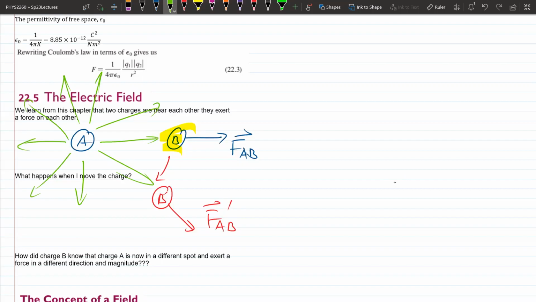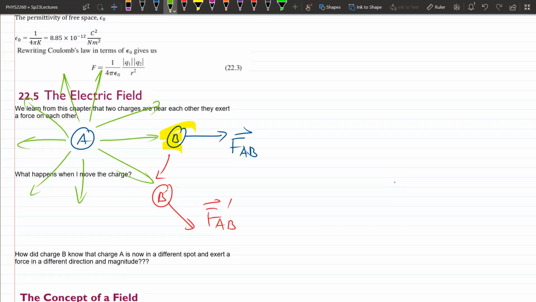When this field reaches charge B, it points in the direction that the force is going to apply to charge B. This also points in the same direction as the force charge A applies to charge B. So if you map out this field in the first place, no matter where you put the charge, it's pretty easy to calculate the force, because you already have the direction, and you just need to figure out what charge B is.